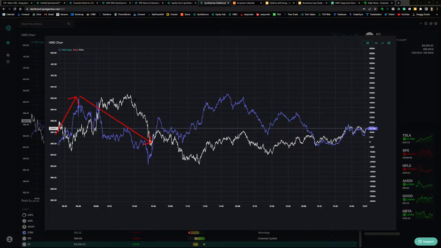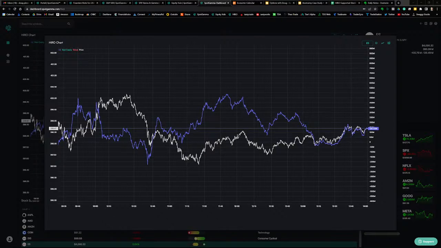So price followed in both cases. And as you might gather, I like to look for divergences. I think they provide great signals. Gives you plenty of time in advance to set up your trade.